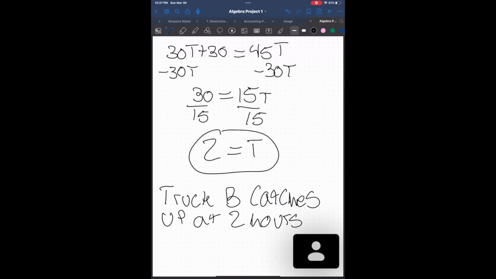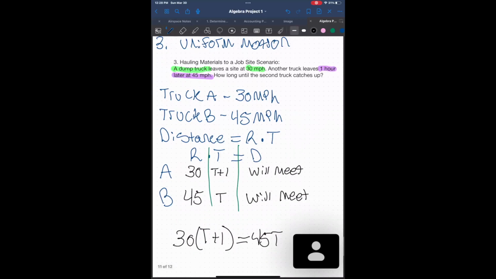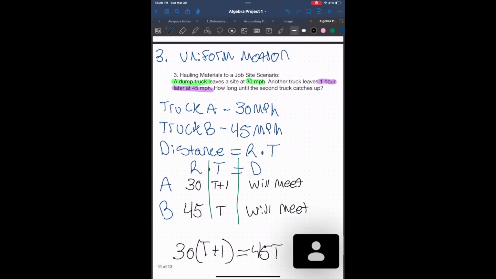Now, we can test that by putting that back in. We should get roughly the same number. But that's how you do uniform motion for a construction site.